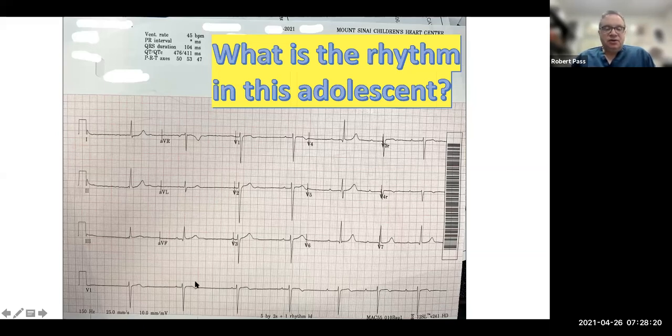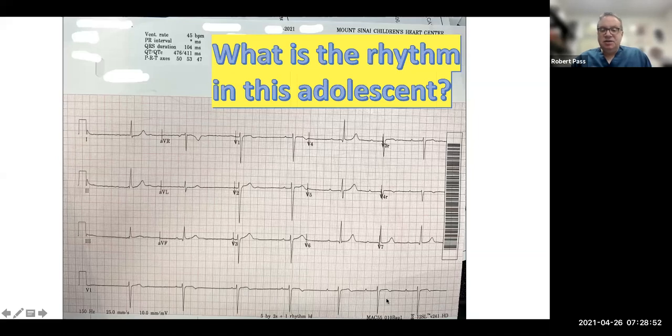So I agree with you. These beats here are probably not being conducted. And actually the R to R on all of these is pretty consistent. So this is just basically junctional rhythm with what we would sometimes refer to as isorhythmic atrial depolarization that's occurring roughly at the same time as the QRS, making it appear as if they're conducting, but the fact that the R to R interval is pretty fixed suggests that they're not conducting.